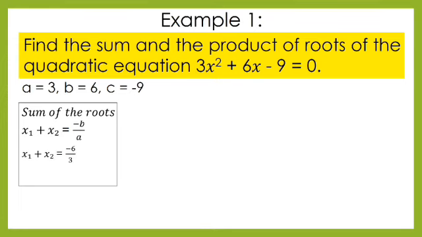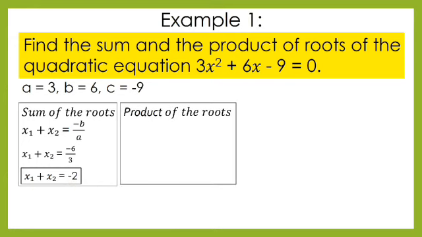We substitute the value of b, which is 6. We now have negative 6 over value of a is 3. Simplify, negative 6 divided by 3 is negative 2. This is now the sum of the roots, negative 2.